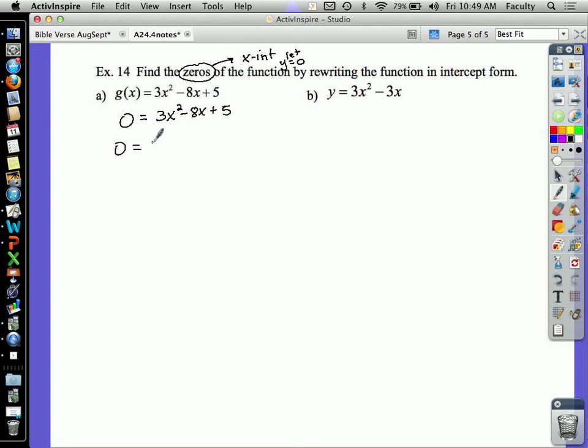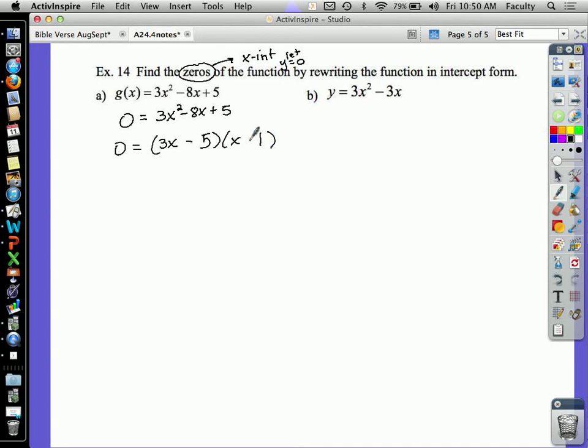And then let's try trial and error on this one. To get 3x squared, you'd have a 3x and an x. Well, there's only two numbers that multiply to 5, but we need to figure out, is it 1 and 5 or 5 and 1? If I put the 1 and the 5, I have a 15x and a 1x. That's not going to produce an 8. So let me erase it. And we're going to make it 5 and 1. 3x, 5x, that's going to work for me.